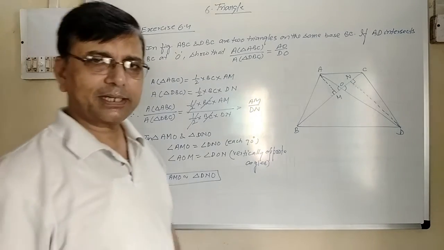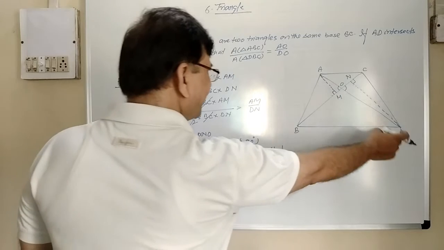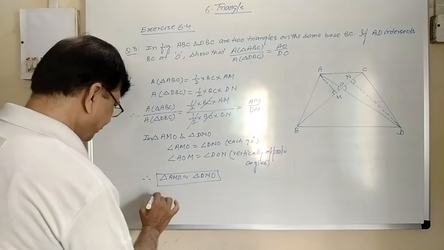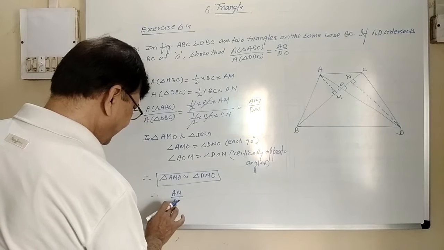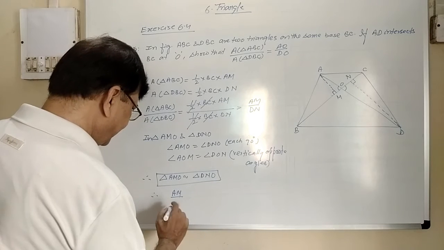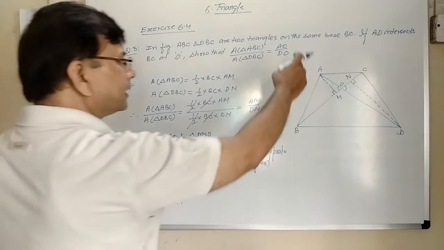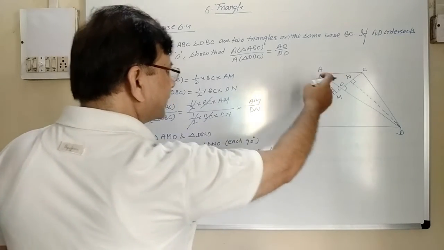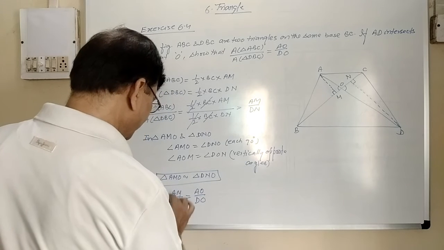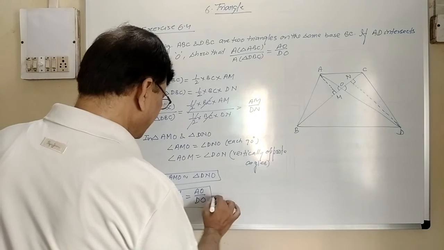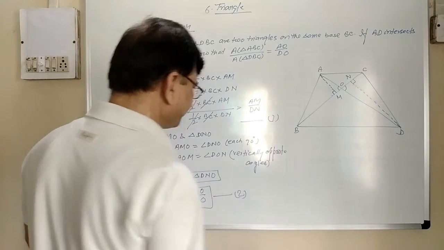Then the ratio of the corresponding sides will also be equal. Means AM upon DN is equal to AO upon DO, this relation. Let this relation be 2 and this as 1.